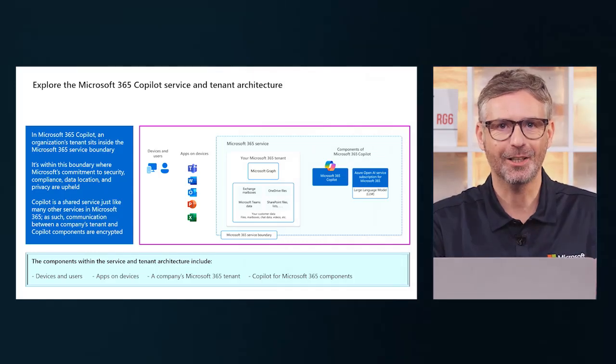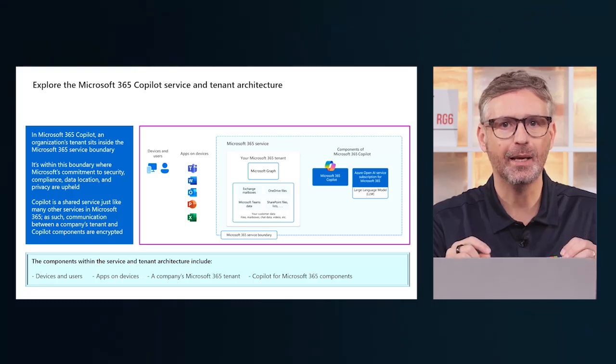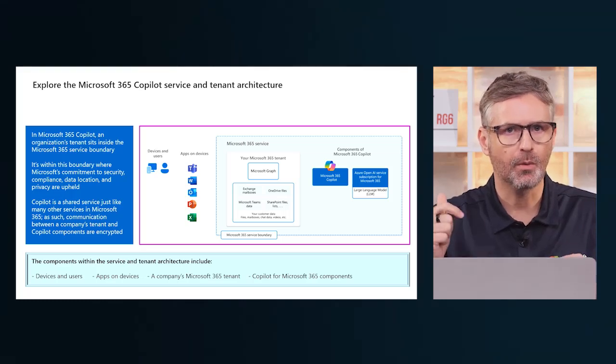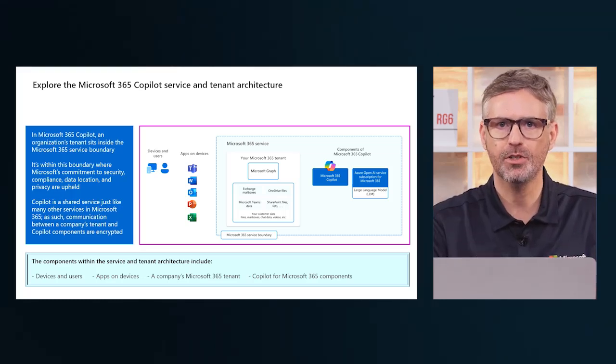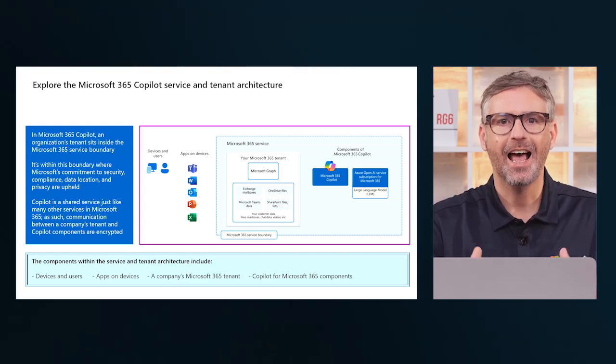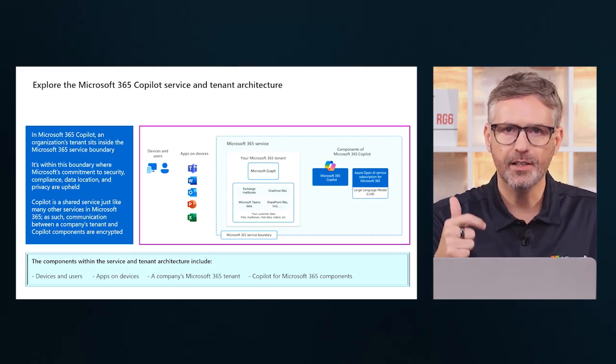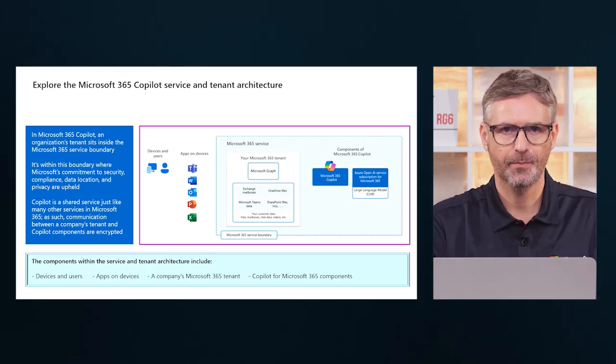Here in this slide, we can again have a look into the architecture. I'd like to emphasize the importance of security, compliance, data locations, and privacy, which are foundational to any organization's operations. The diagram illustrates how various components interact within this architecture, including users, devices, and applications.